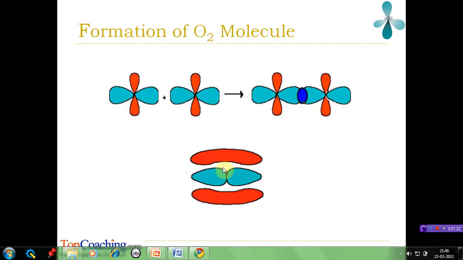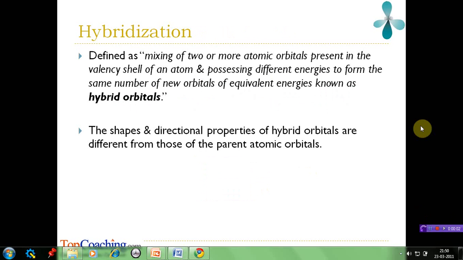So together they will form a pi bond and the electron densities will be concentrated above and below the plane of the sigma bond. So this diagram shows a double bond between two oxygen atoms. I hope the fundamental characteristics of sigma bond and pi bond are clear to you, because we will be using these terms frequently in our next topic, that is hybridization.